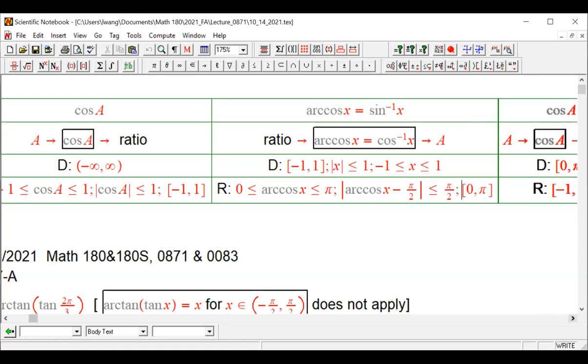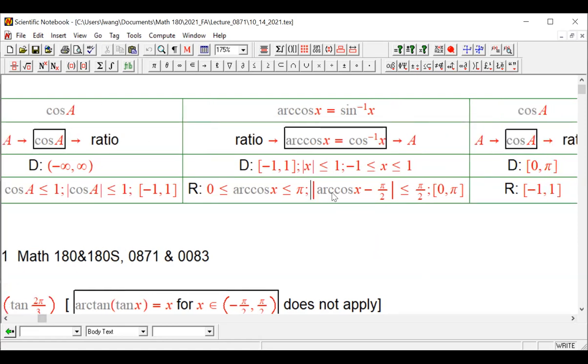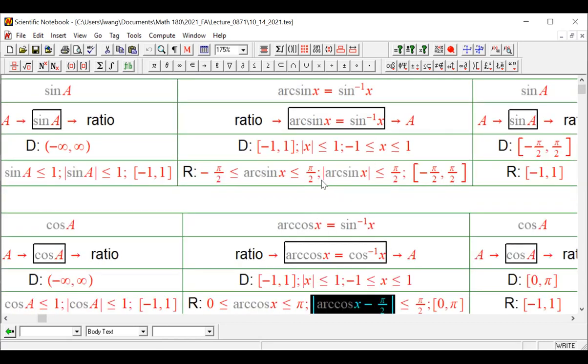I don't anticipate you are going to use this form very much, but I give it to you as a coexisting form, a comparison point, a form for ArcSine. So that's about sine, ArcSine, and so on and so forth.